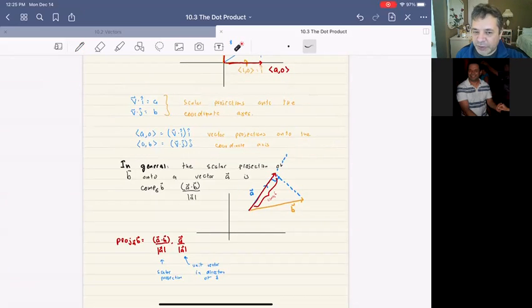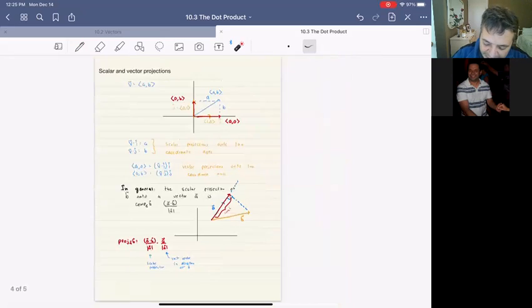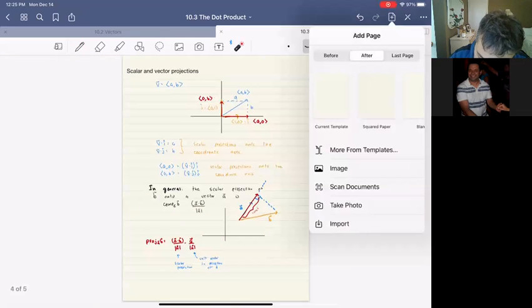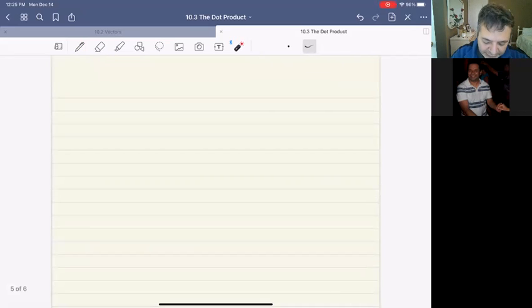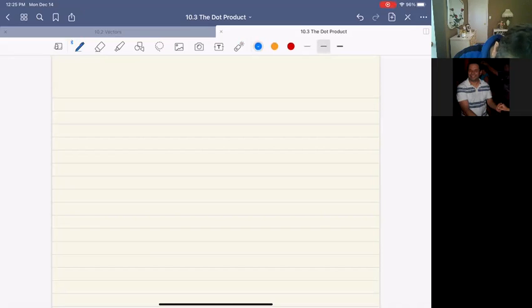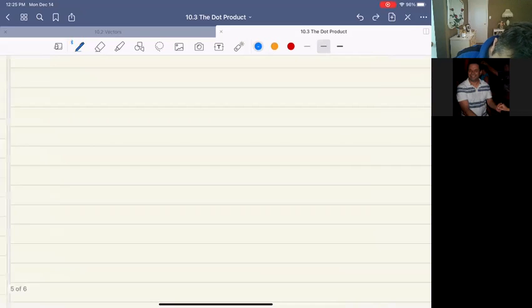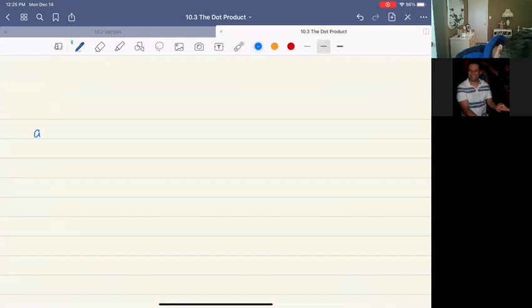Okay, we can do this on more general sorts of objects. So let's do an example. Let's take A equals -1, 3, 7, and B equals 1, 2, 4.